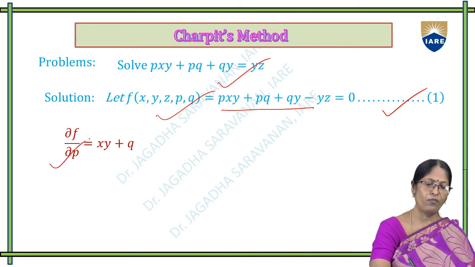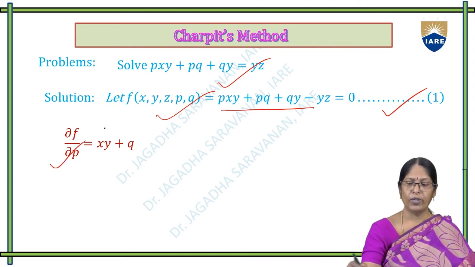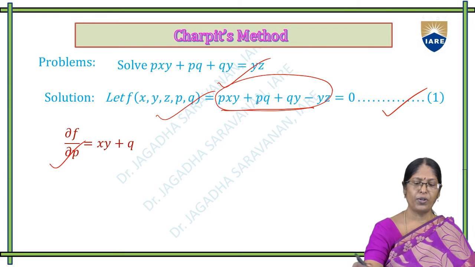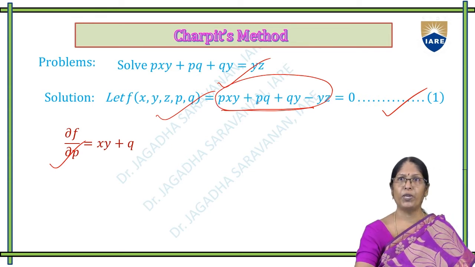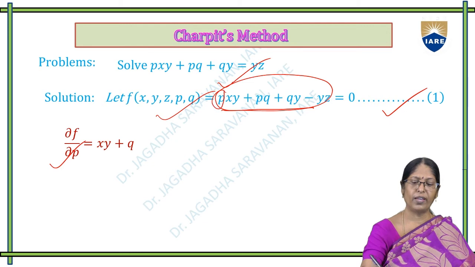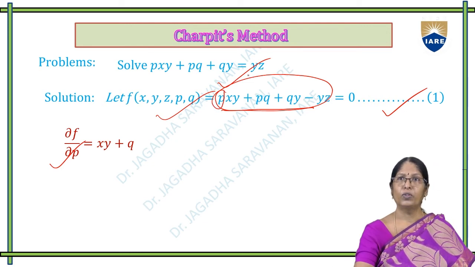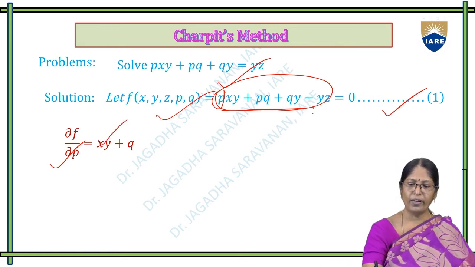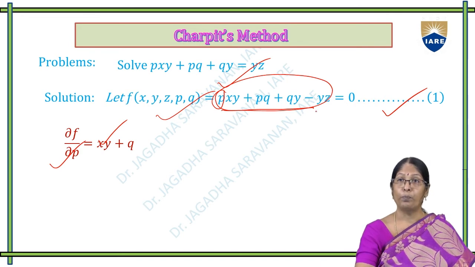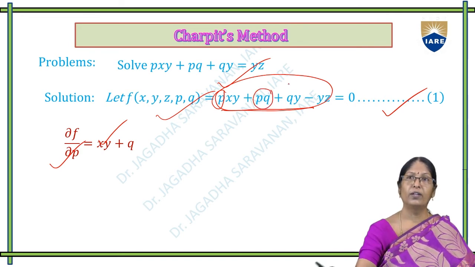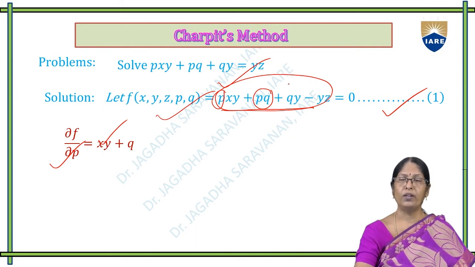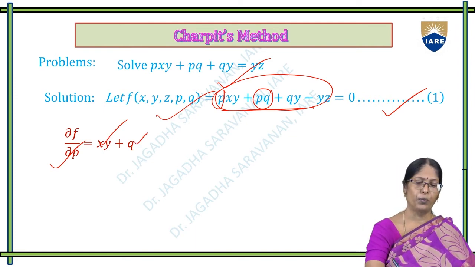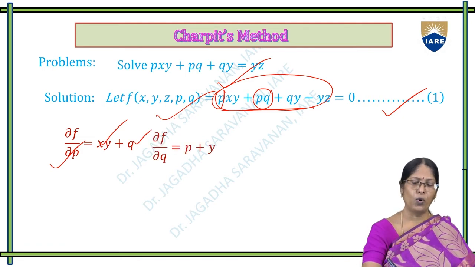Now dou f by dou p. In this equation we are searching where p is. Here it is there, p. So the differentiation is 1 into xy, and throughout the search, here also p is there. So the differentiation of p is 1 into q. In the same way, dou f by dou q.